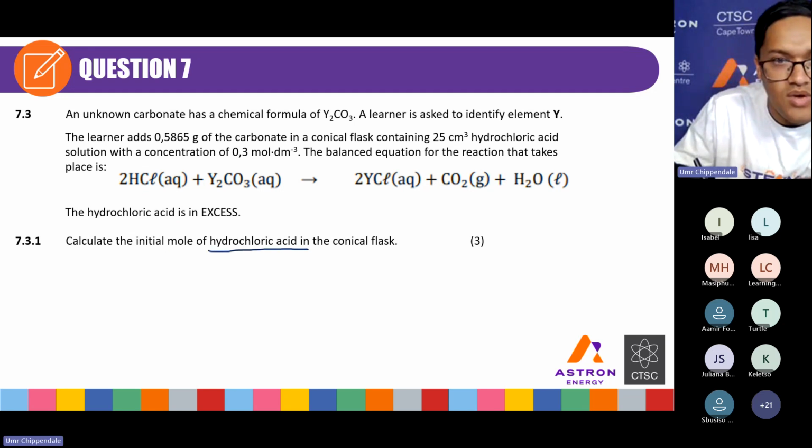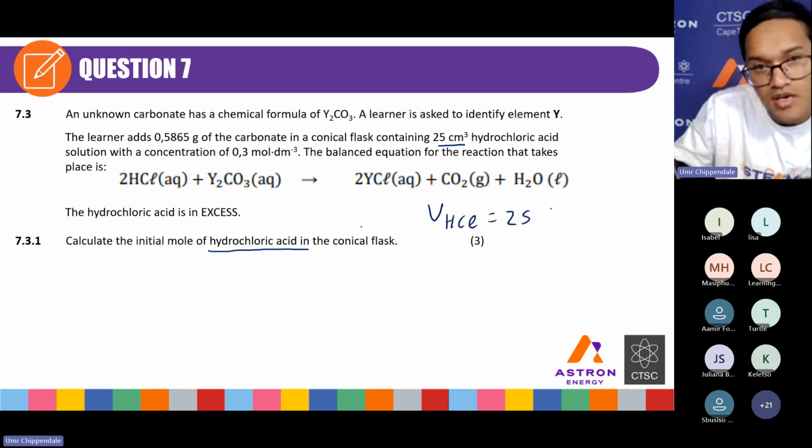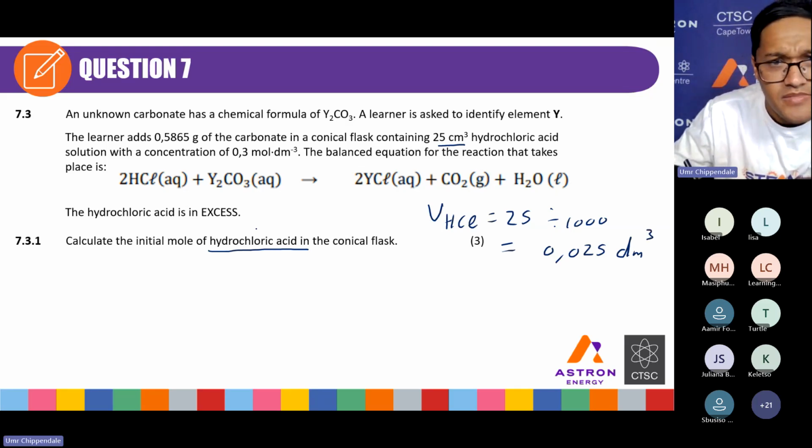So let's look at what we have. Our volume of hydrochloric acid was equal to 25 centimeter cubed. You divide it by 1000, and that will give you an answer of 0.025 decimeter cubed.